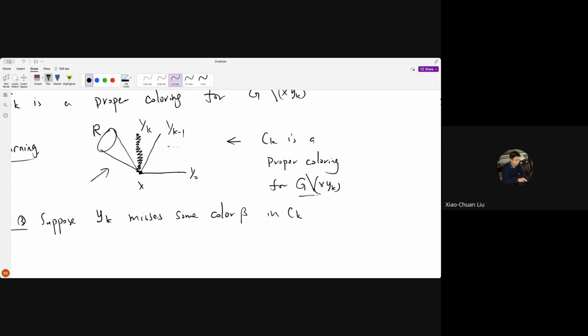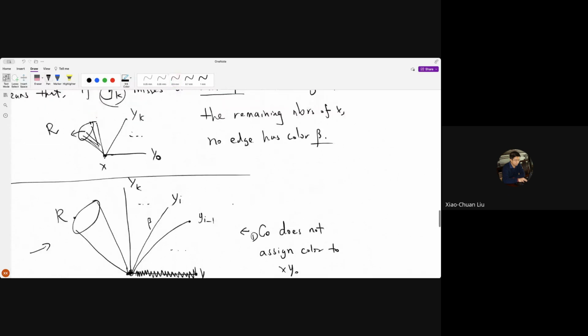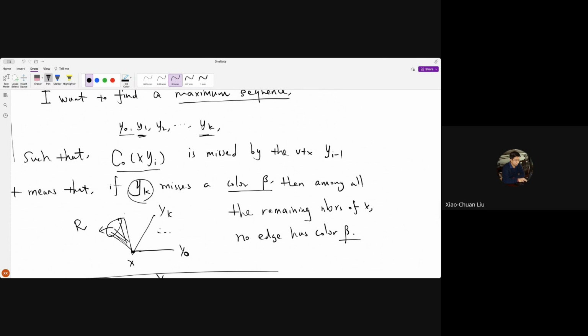So we are talking about G minus x yk. And you define this coloring CK. So the way you define CK is you move all these edges like a fan to another edge. And the reason you can do it is because of how you find this sequence. For each yi, this color is exactly missed by yi minus 1. So you put it there, you don't create contradiction with the proper coloring.